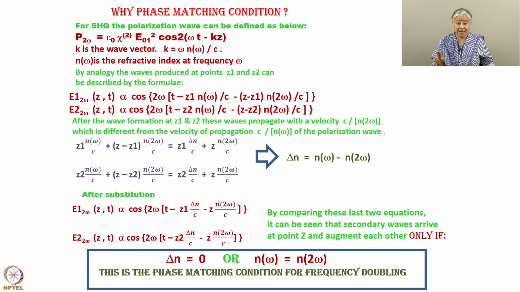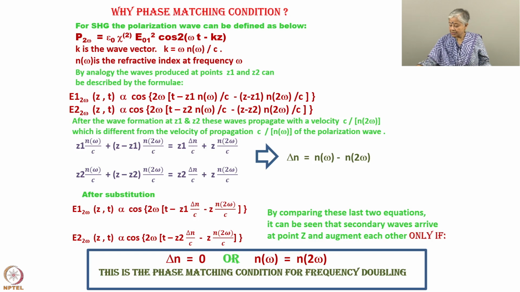The refractive index that this wave sees is n2 omega, and n2 omega is not the same as n omega, which the primary wave was seeing. The primary beam was seeing a refractive index of n omega, while this secondary wave is seeing a refractive index of n2 omega. So, obviously, the velocity becomes different for this wave.